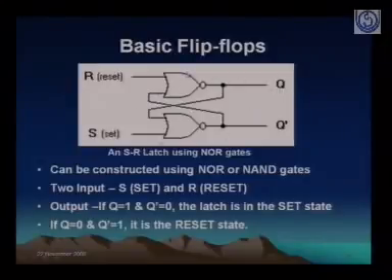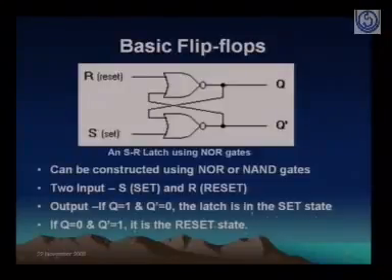However, this latch should constantly hold a particular state. That is very, very important. In the case of output, if Q equals 1 and Q dash equals 0, the latch is in the set state.